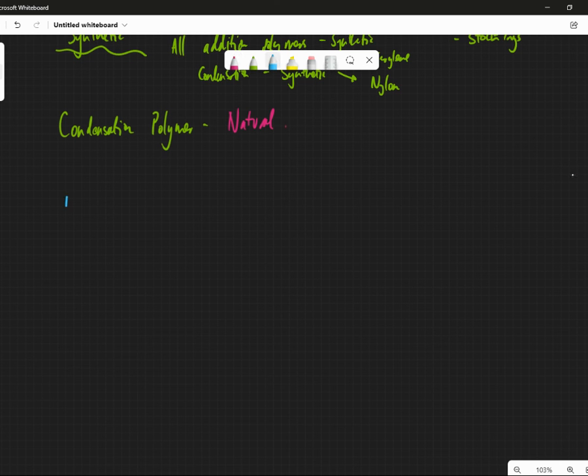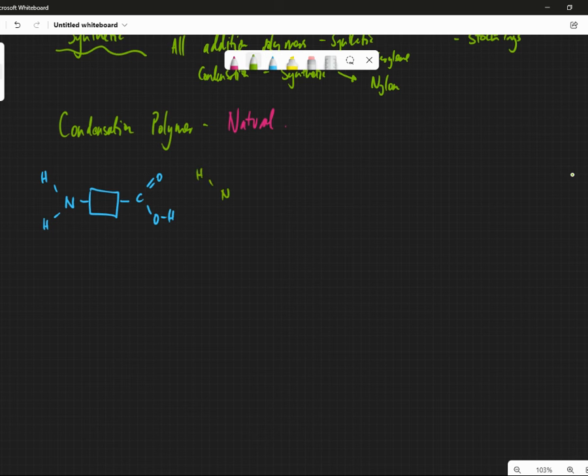These ones have an NH2 at one end, then a box, and then an acid group on the other end. I'm going to draw in a different color.